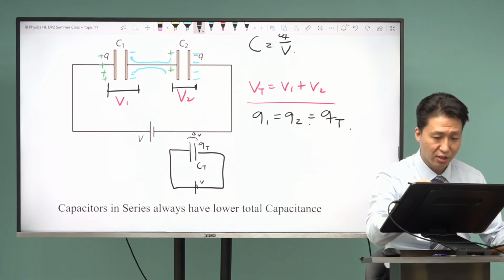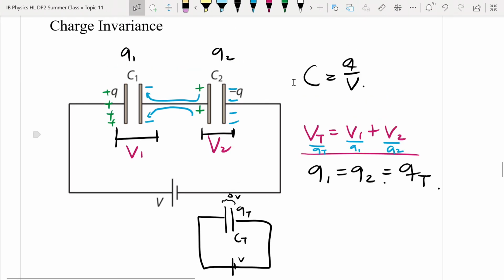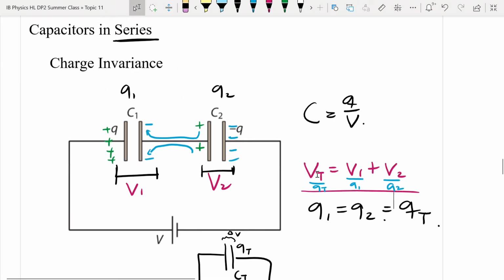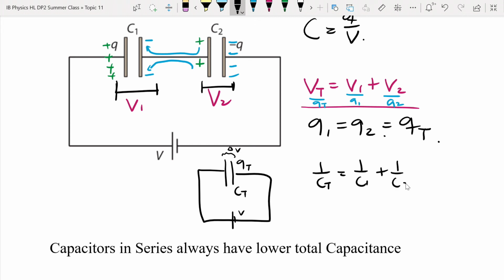Let's put the charge in blue: divided by Q total, divided by Q1, divided by Q2. What do we get? Just remember, the voltage is in the bottom here, while up here the voltage is in the top. So you have to take the reciprocal of the capacitance. It's going to be 1 over the total capacitance equals 1 over the capacitance 1 plus 1 over the capacitance 2.